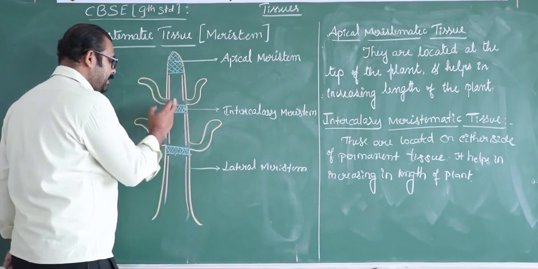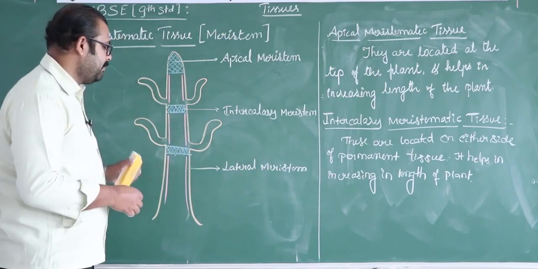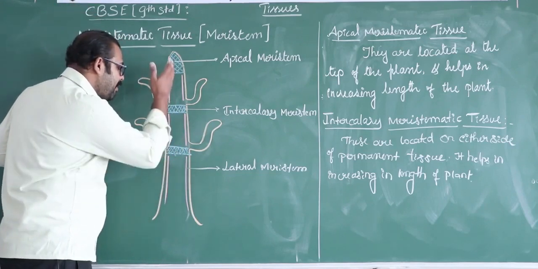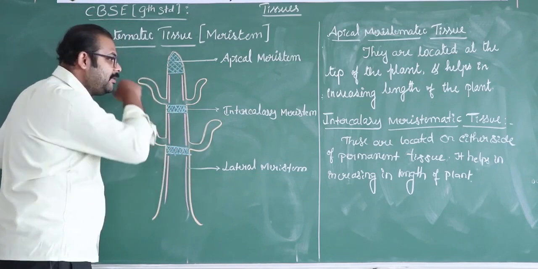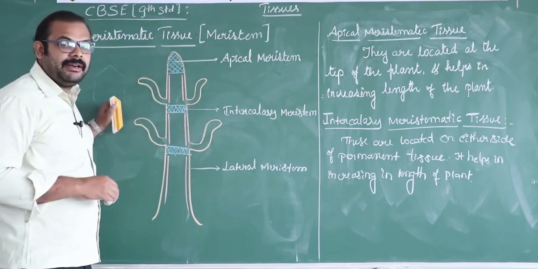Then the next one, lateral, this pink colored one. This is the lateral meristem. These lateral meristems are present along the length of the plant body. They appear later in the growth of the plant.